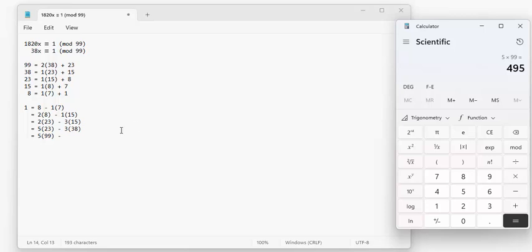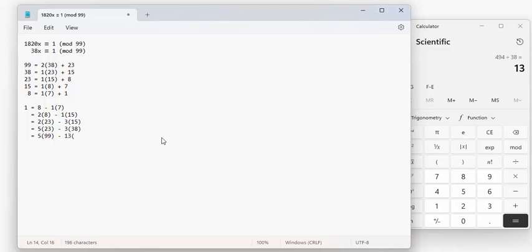What we want is 494 divided by 38. 494 divided by 38, we get 13. So 13 multiplied by 38. And we get this equation in terms of the original simplified congruence, 38 and 99.